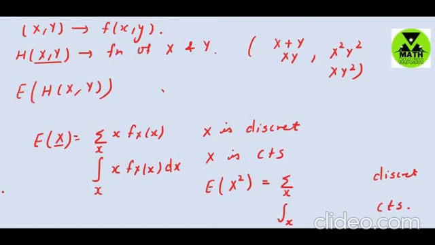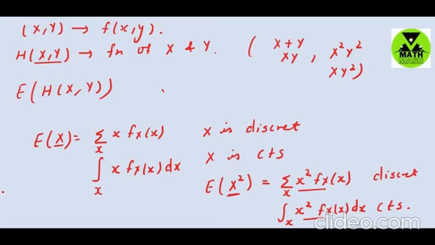Now, whatever is written here is x square, so simply write x square here, and x square here, and the random variable is x, so take the density or distribution function of x, so this becomes fx of x dx. Here take the summation over this value. In this way we can find the expected value for a single random variable.